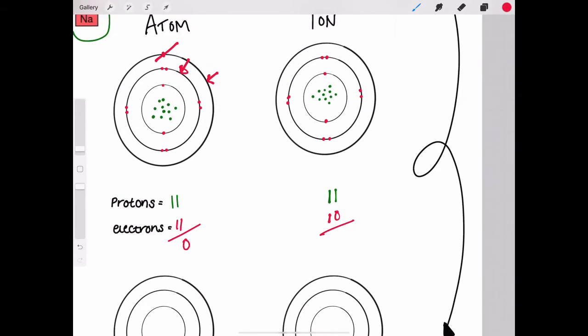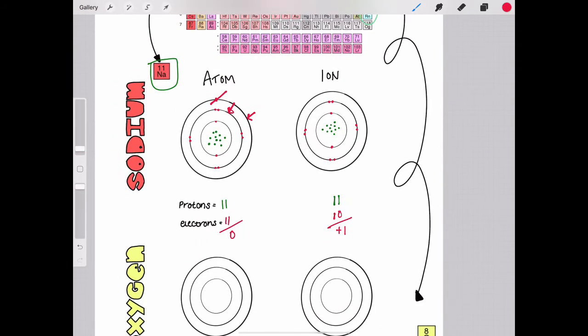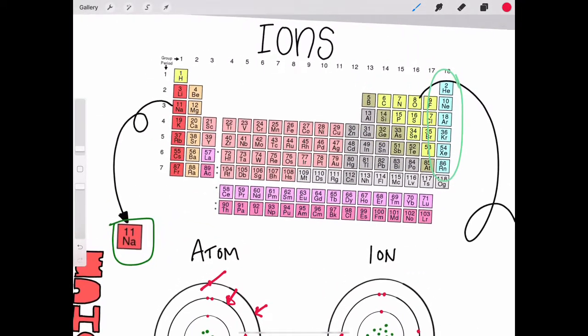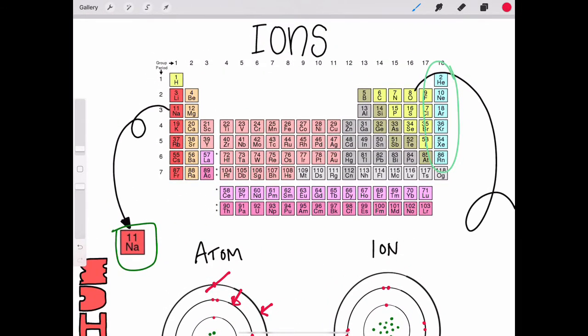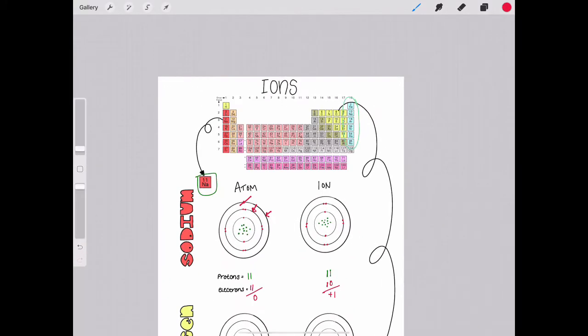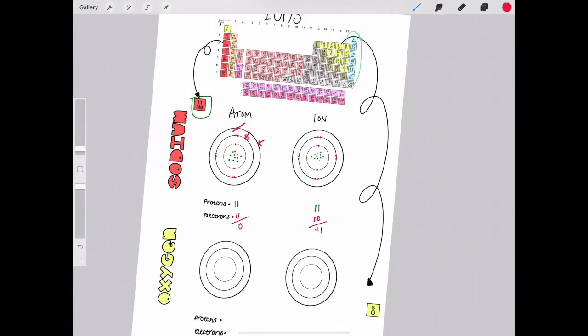And this one, seeing as we've got 11 protons and 10 electrons, it means that there is 1 positive charge on that ion. And generally speaking, metallic ions are all positive, so they all lose electrons more easily than they gain the electrons.